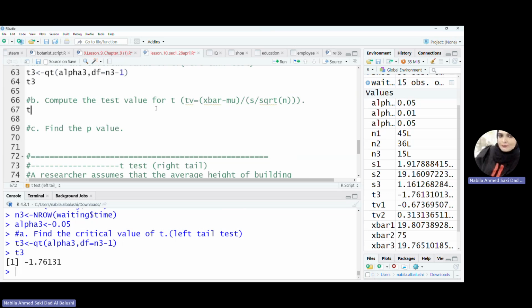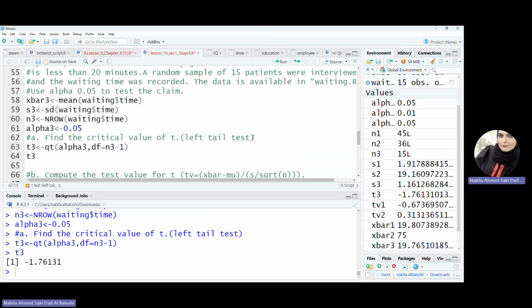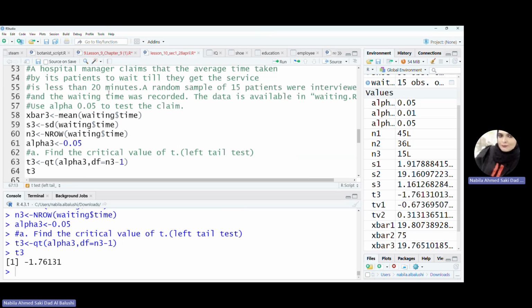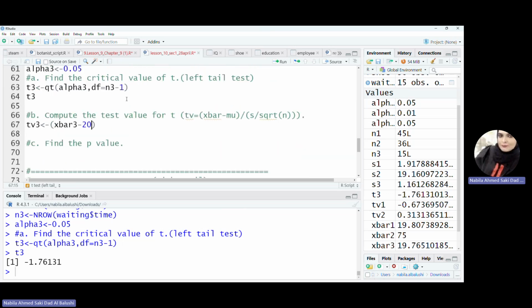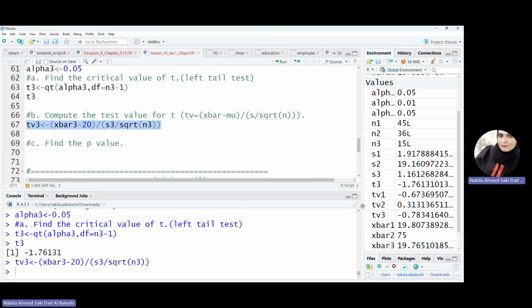First of all, let's save it as TV3, equal to the sample mean x bar 3 minus the hypothesized mean, which in this question is 20, divided by the standard deviation S3 divided by the square root of N3. Run the code. Your test value is saved in the environment.